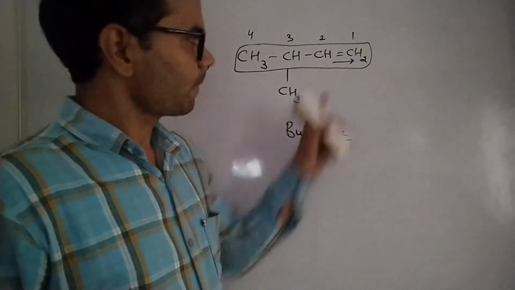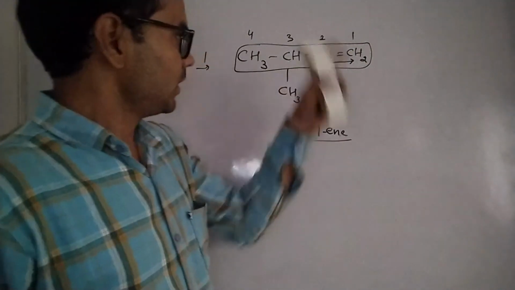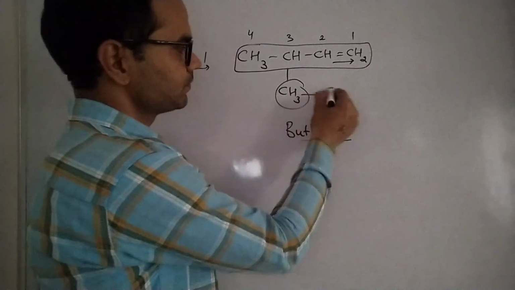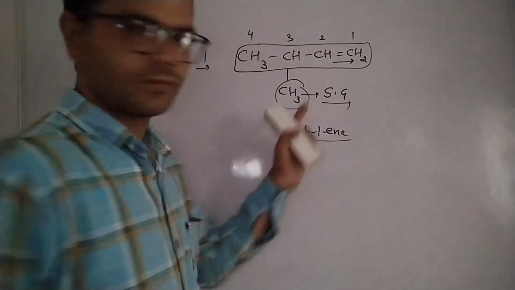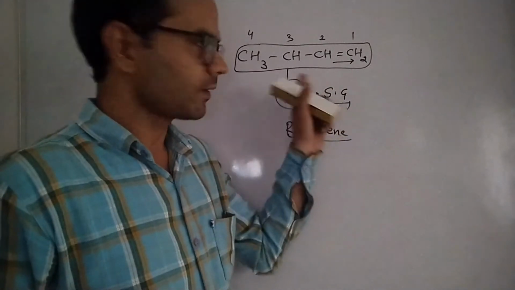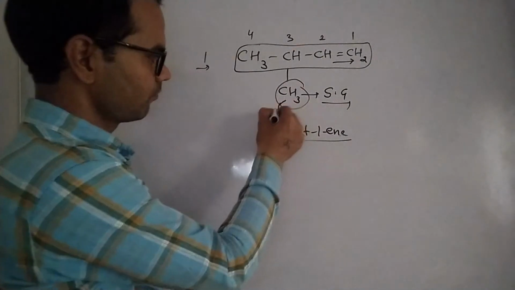It indicates the first carbon contains a double bond. Now this group is not included in the carbon chain, so it is a substituent group. So it will be considered as a prefix.